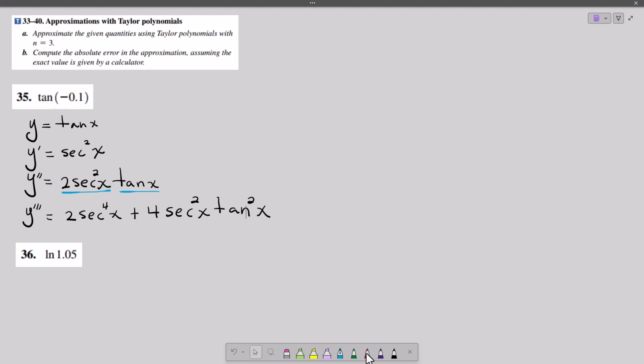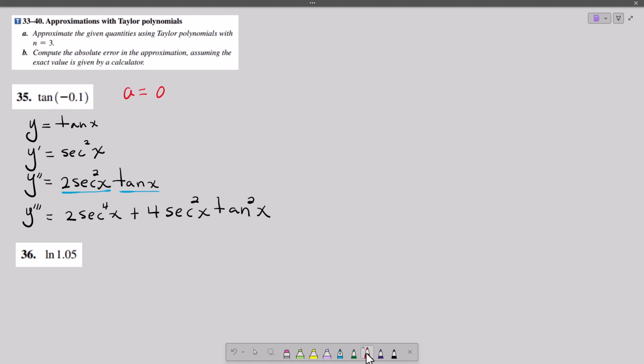We want to pick an x value that's as close as possible to -1/10, for which we can evaluate these functions. The obvious choice is 0, right? That's close to -1/10, then we can evaluate all of these at 0 quite easily. So we will pick 0. So we're choosing a equal to 0. So that's going to be our center.